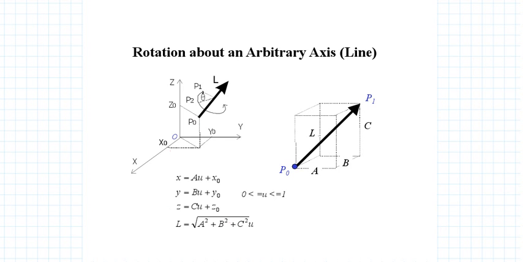And what is u? U is your directional coefficient, and if you represent a line in vector form, it looks something like this. And a, b, c is basically the x distance, y distance and z distance of a point from the origin. So your line L can be represented something like this.